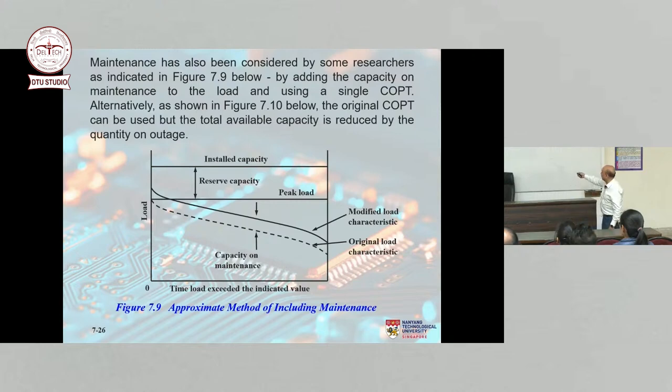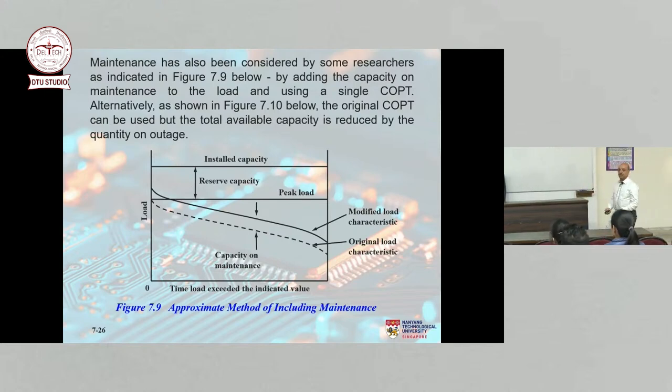The original load profile is the dotted line. Now I'm going to add 40 megawatts to the load profile, and I'm going to shift the load profile completely by 40 megawatt. Why? It is equivalent to the load going up by 40 megawatt, is it not? I have less 40 megawatt generation. Is it not equivalent to the load going up by 40 megawatt? I suppose it is.